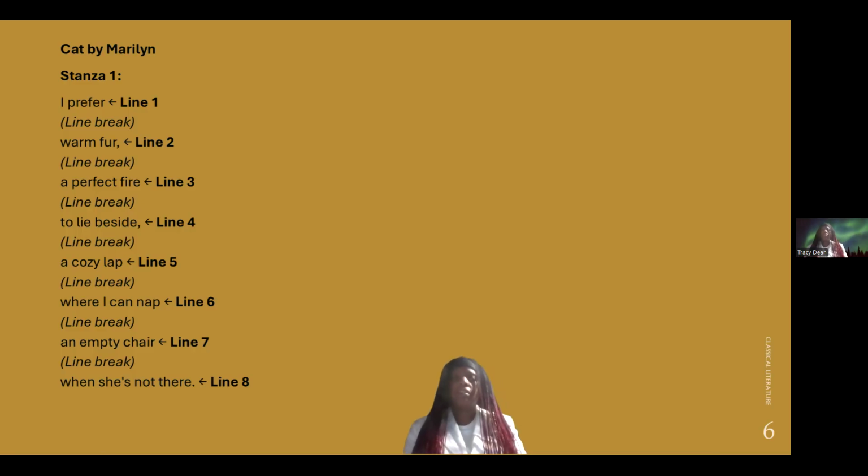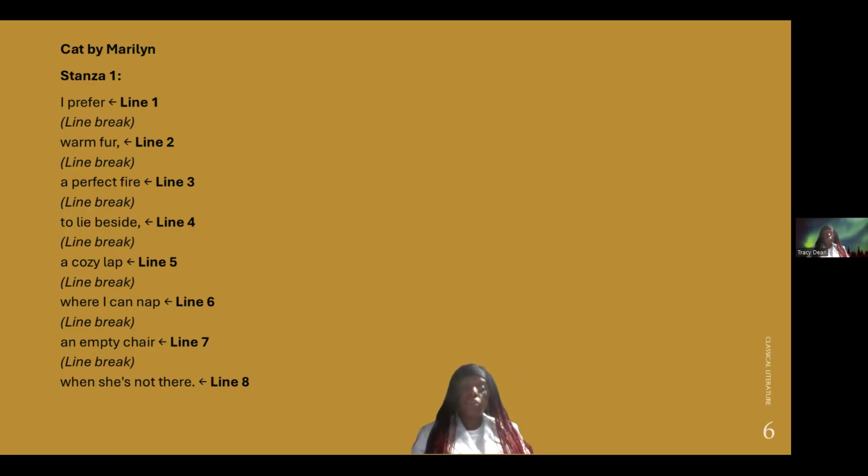That's the way I see it. So when you look at it, line 1, then a line break. Line 2, then a line break. A perfect fire, line 3, then a line break. To lie beside, line 4, then a line break. A cozy lap, line 5, then a line break. Everybody understand?